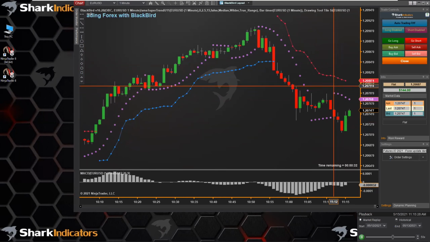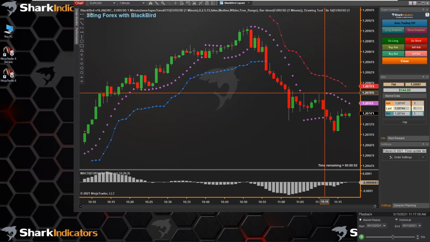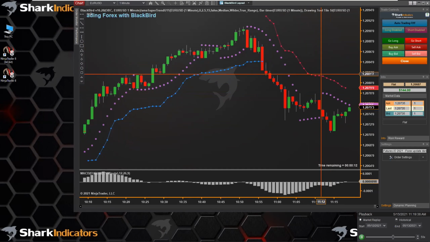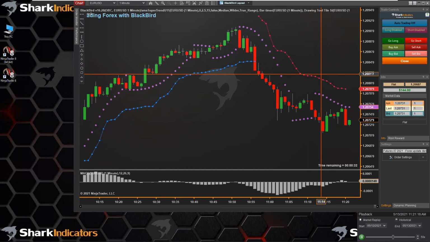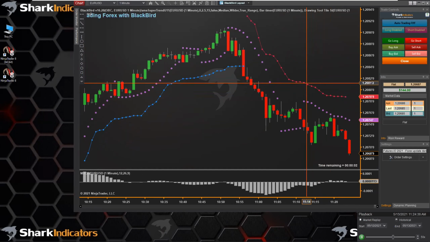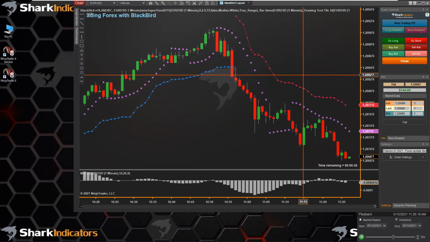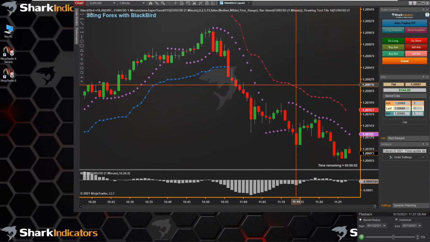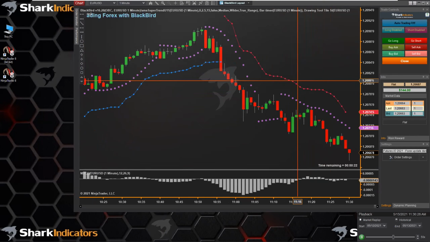And of course, if your stop loss is sitting on the super trend, those long wicks will have hit your stop loss. So this customer's solution was to offset the stop loss from the super trend to protect that stop loss.